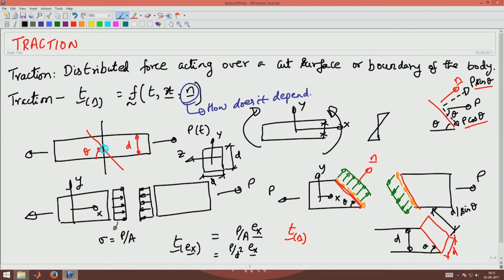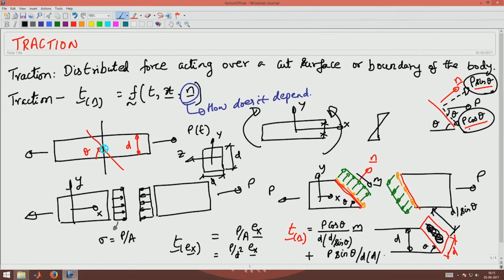T's of n is this P cos theta distributed over this area, which will be d into d by sin theta, m, plus P sin theta, which is along this direction, say n, divided by d into d by sin theta into n, because that is acting along the n direction.